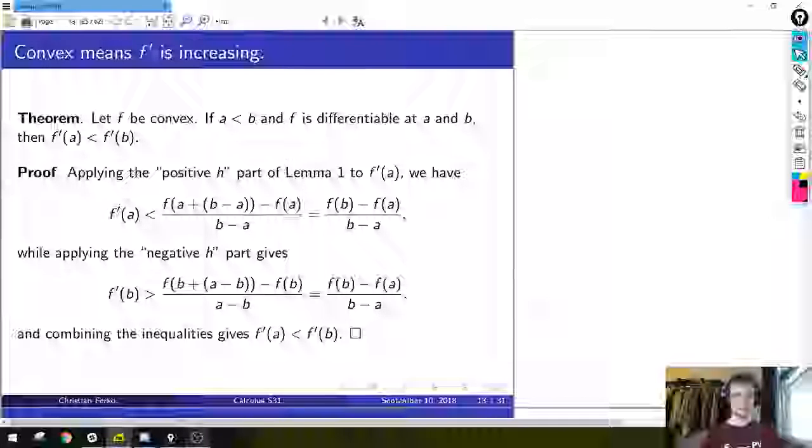You may have already mentioned it, but I see in the f prime of b that in the denominator you have a minus b in the first. This thing you're talking about, the a minus b and b minus a? Yeah, I'm just figuring out what.